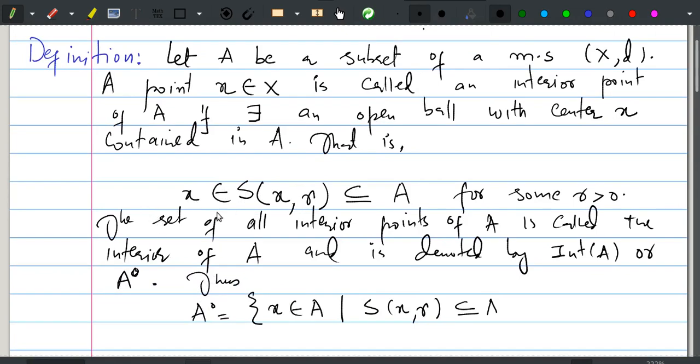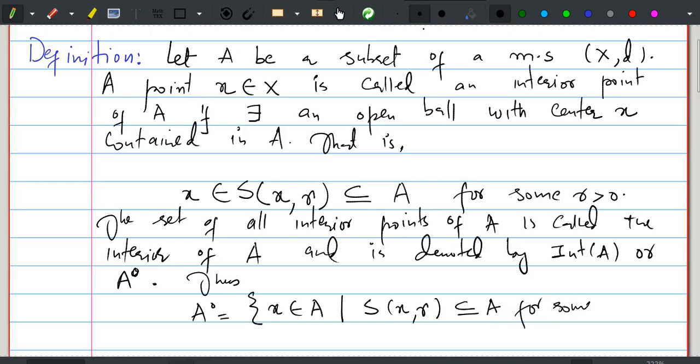The set of all interior points of A is called the interior of A and is denoted by int(A) or A to the power this small circle. This denotes the interior of A. So A interior is the set of all those points x in A such that the open ball centered at x is a subset of A for some r positive.